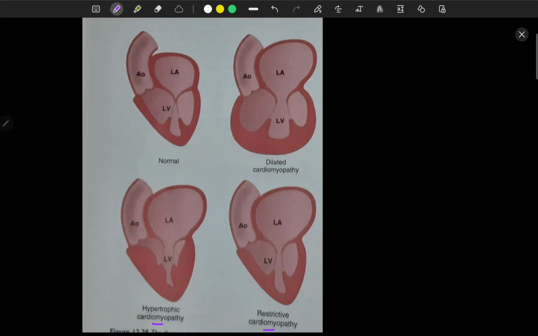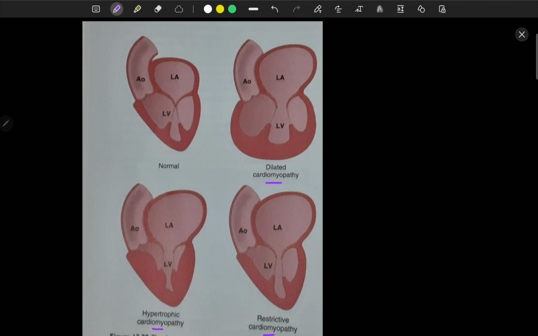So primarily there are three types of cardiomyopathy. One is the dilated cardiomyopathy, then the hypertrophic cardiomyopathy, and then the restrictive cardiomyopathy. In the dilated cardiomyopathy, you can see that here the left ventricle, and sometimes the right ventricle, both get dilated.